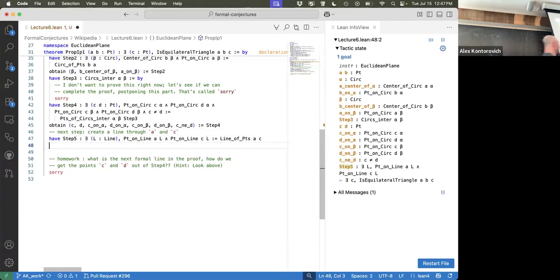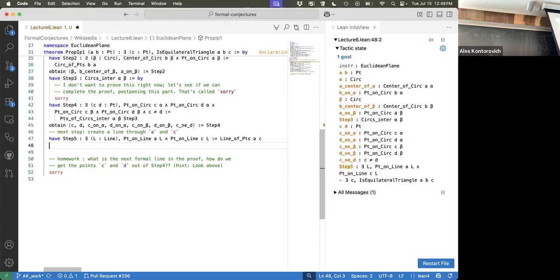Now, step 5 says there exists a line with those 2 points. If we know that it exists, how do we obtain it?